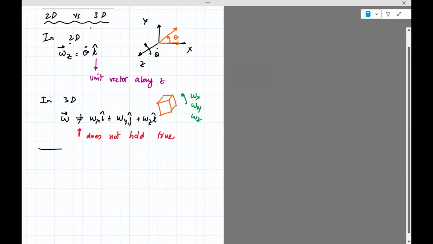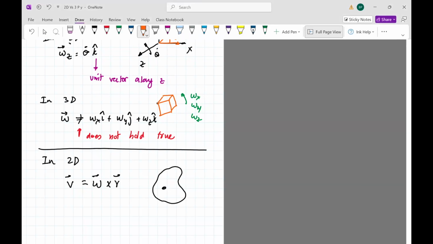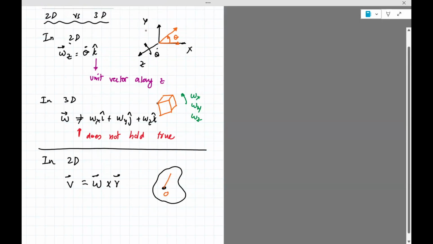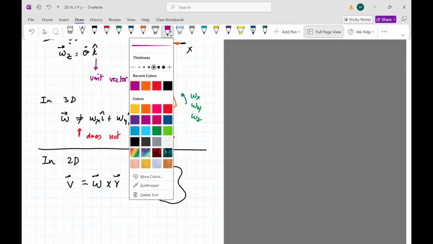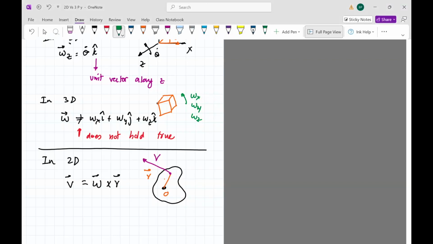Now, the other thing we want to remember is that in 2D, we can compute the linear velocity as omega cross k. What is this? If you have an object, this is the origin, and this is r, then the velocity of this point is v.